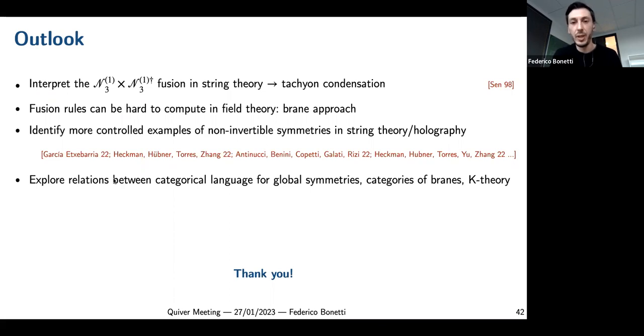So I can totally see how one can now revisit other examples where maybe there are no obvious non-invertibles, but that doesn't mean those examples are trivial. One can repeat a similar analysis to try and identify the branes that might be behind those.